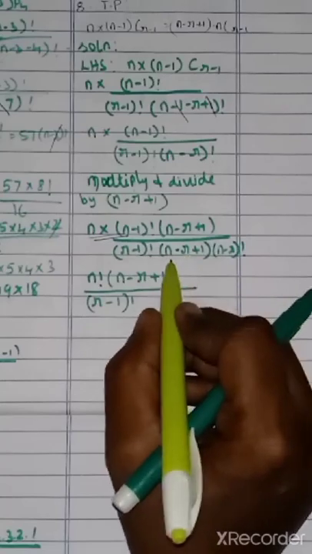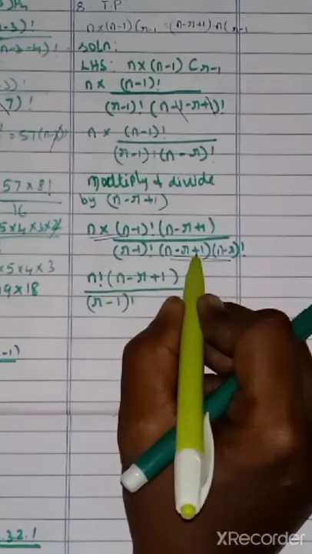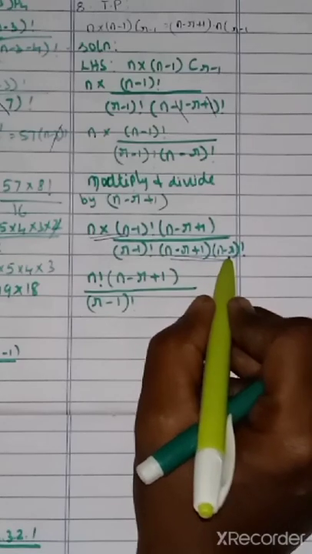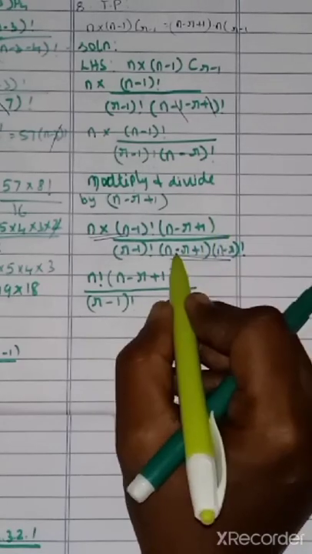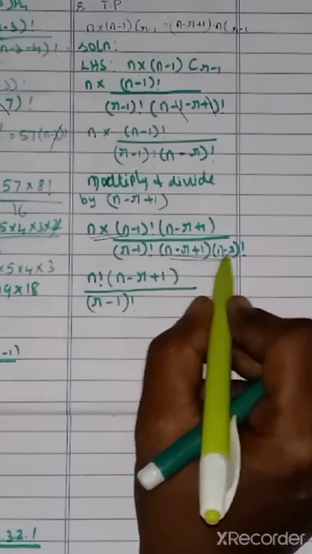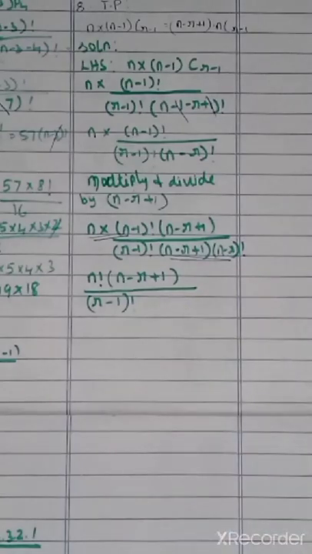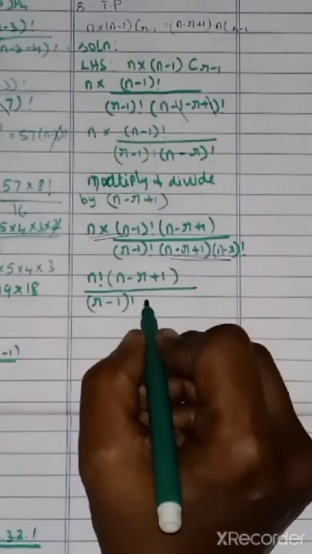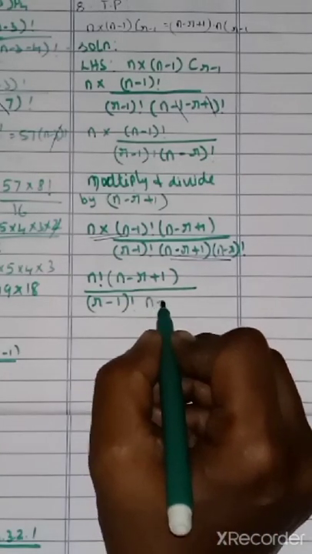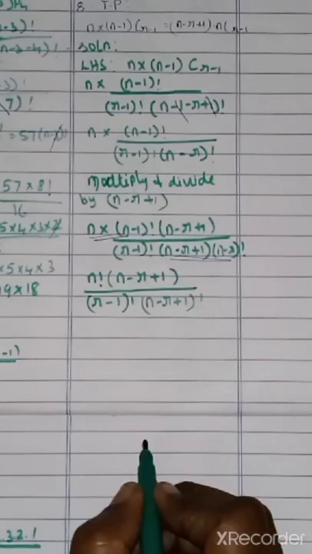Now combining these two terms in the denominator, what is this one? n minus r plus 1. This is n minus r. So n minus r plus 1 is the bigger number, correct? Again we are using the same formula. So bigger number factorial we have to write, so the denominator is (n minus r plus 1) factorial.